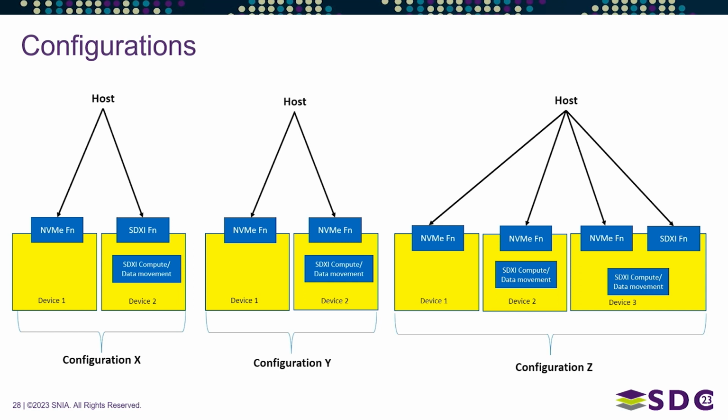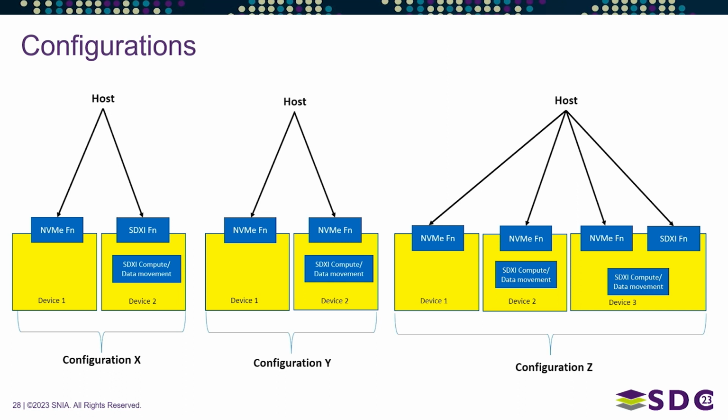Device 2 has an SDXI function, so it only has an SDXI function in this case. Of course, there's SDXI internal to that device. So the host is able to issue NVMe commands to device 1, and it can issue SDXI operations to device 2. And through that, we can either move data back and forth between those two, or whatever the case may be in terms of the compute or data movement that we need to do.